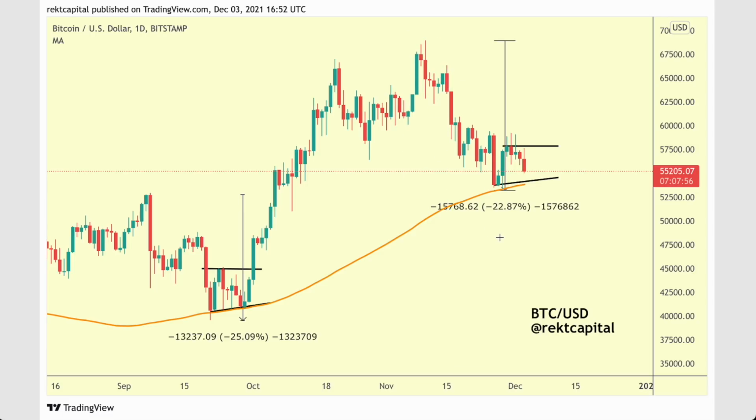So people are fearful about a bear market, and the fact is that we are still at much higher price levels, the mid-50s, compared to when we saw extreme fear the last time, which was in the low 40s. So really interesting to see how we're extremely fearful at higher price levels, significantly higher price levels, from 40k to 55k.